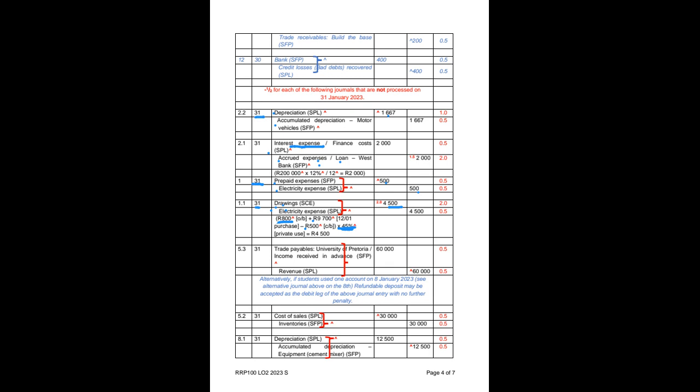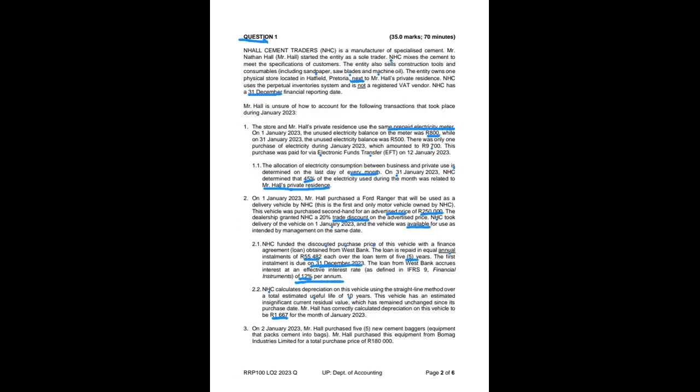Notice we only financed the discounted price, so only 200,000 multiplied by the 12% effective interest rate, and then we divided it by 12 months because we're only recording for January, so therefore we're only going to record 2,000 Rand. So that is what the journal entries look like for point 2. Let us go back to the question and move on to point 3.